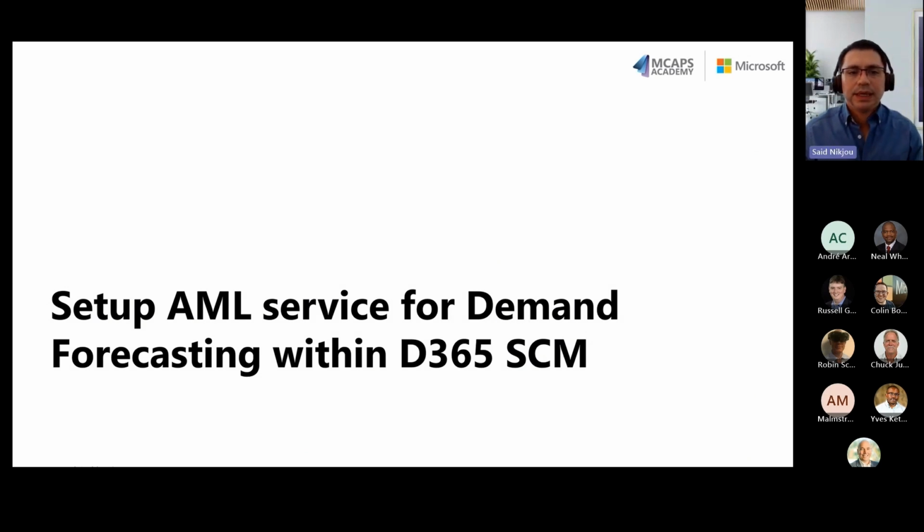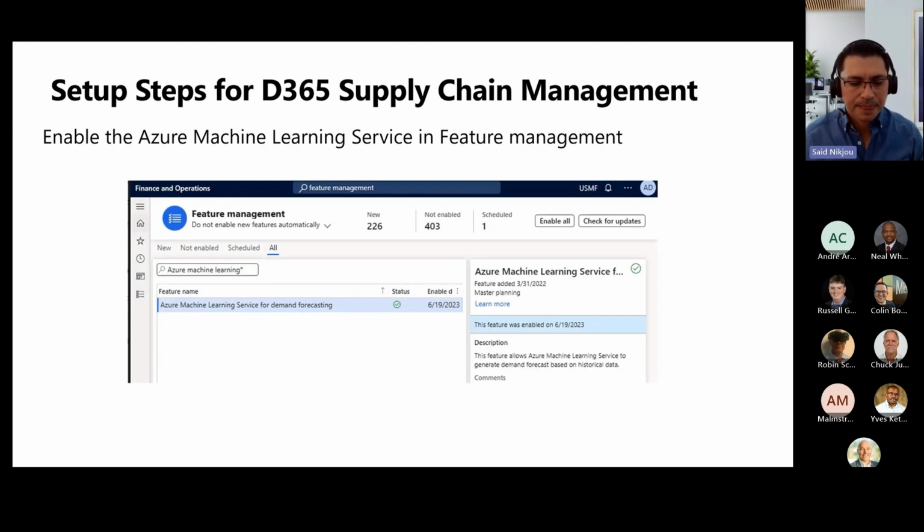Now we will see how we can set up Azure Machine Learning Services for demand forecasting within D365. So the first step is to enable the feature in feature management.